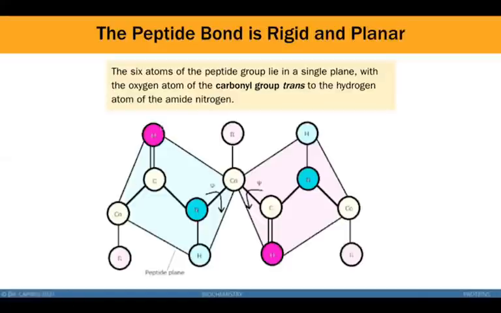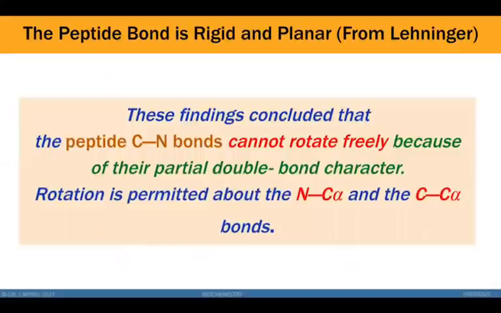It is a planar structure because this one forms the backbone. It is not movable. Okay, and what are the only bonds that are movable? It is the nitrogen of the amide and the alpha carbon. Now whatever is attached to the alpha carbon, except for the R group, is movable or rotational.